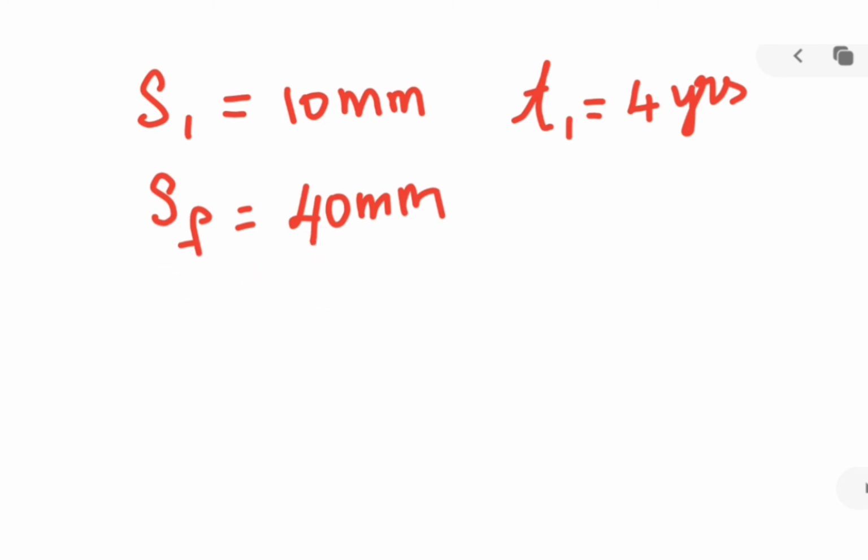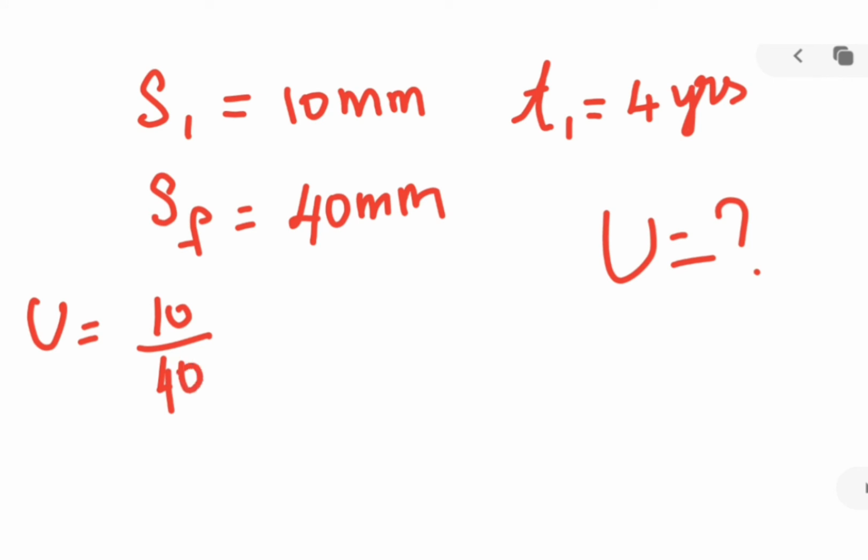Here we must find U, the degree of consolidation. 40 mm is 100% settlement, so what percentage is the 10 mm settlement? That is what we have to find. For that they have given the formula: U equals settlement at any time divided by ultimate settlement, into 100.